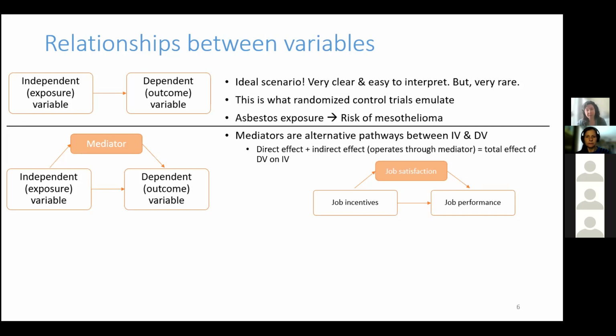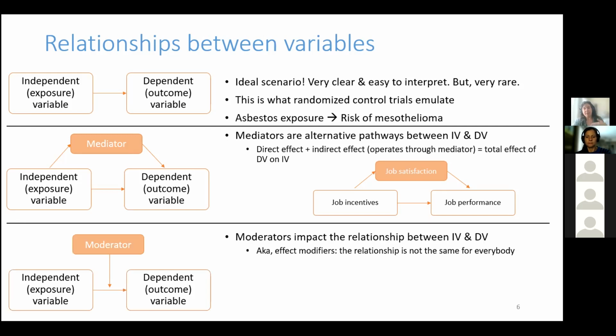If we didn't measure job satisfaction and we just measured your bonus payments and your job performance, we would be missing out on that whole other pathway. So this is an example where really thinking through these variables and these relationships is important. So that's mediators. Hopefully that makes sense.